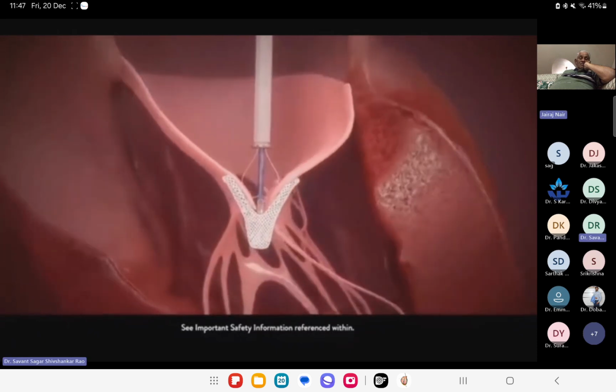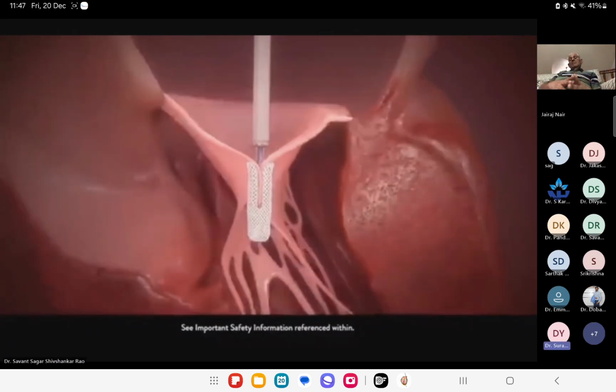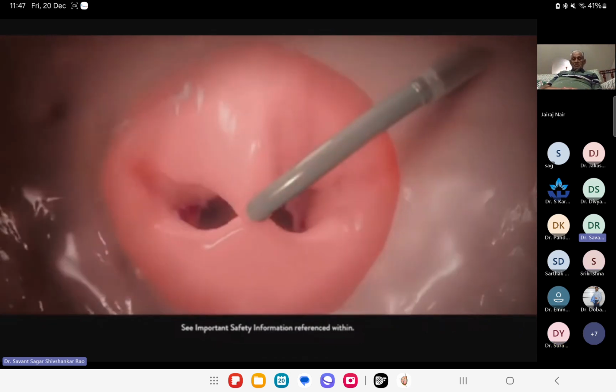After confirming with transesophageal echocardiography, the device is deployed.